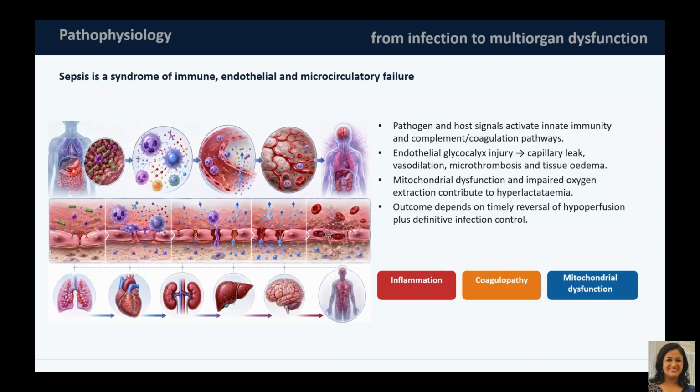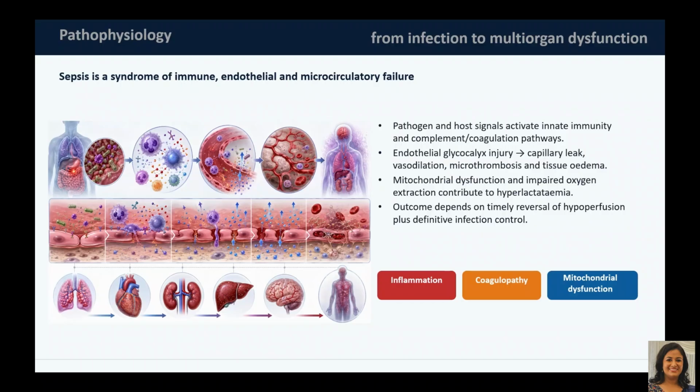Not only the endothelium, but there is a glycocalyx around it. Because of this dysregulated immune system, your glycocalyx is also disrupted. So what happens to the endothelium? The endothelium can become leaky, and it also becomes dilated and starts to develop vasoplegia.